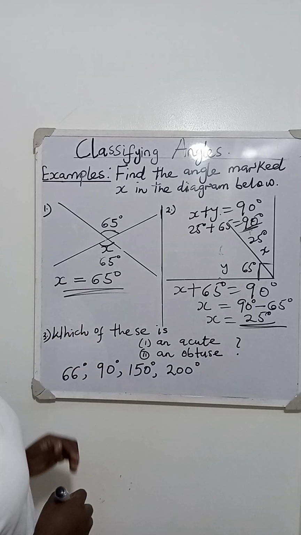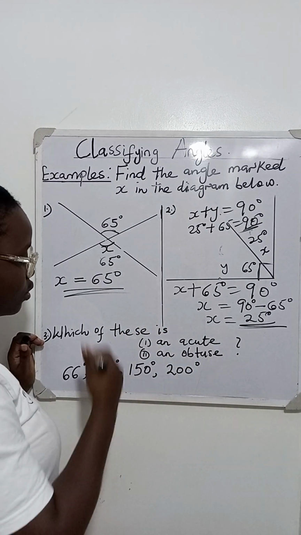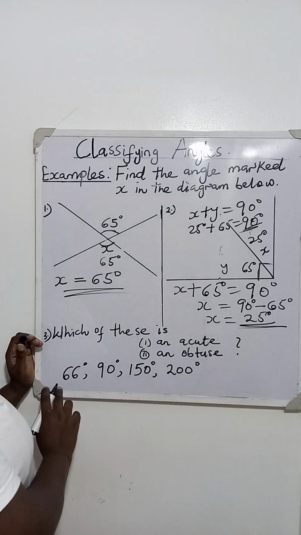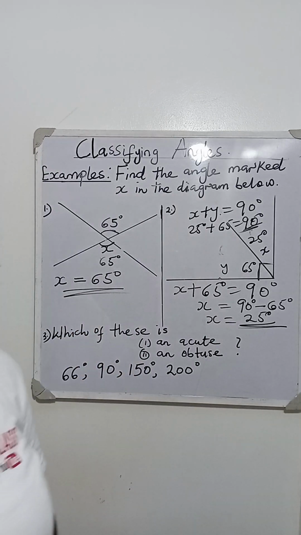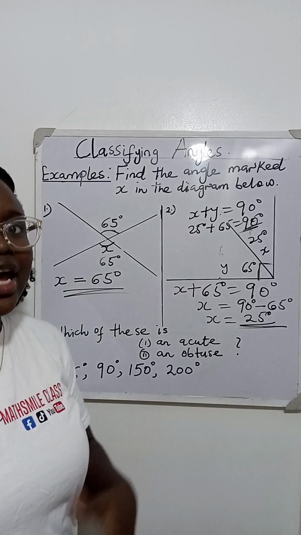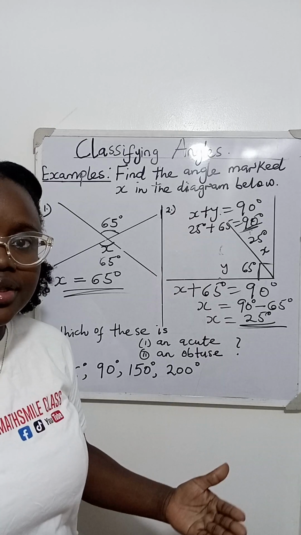The next question says, which of these is an acute angle? Or which of these is an obtuse angle out of these numbers listed here? First, what is an acute angle? In our last class, I explained to you that an acute angle is less than 90 degrees.